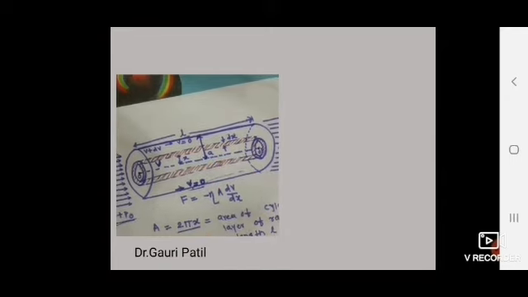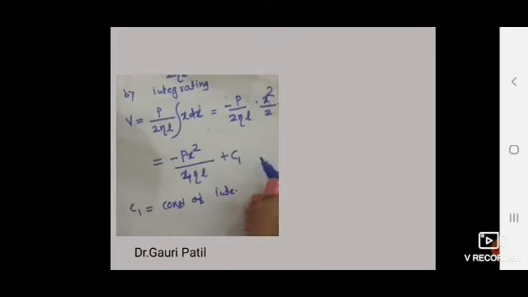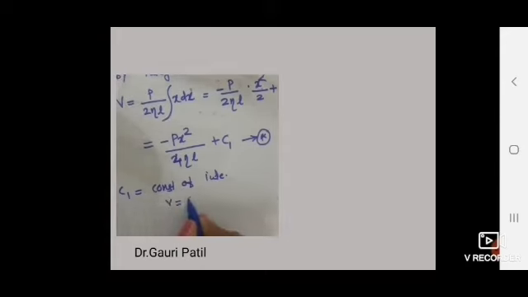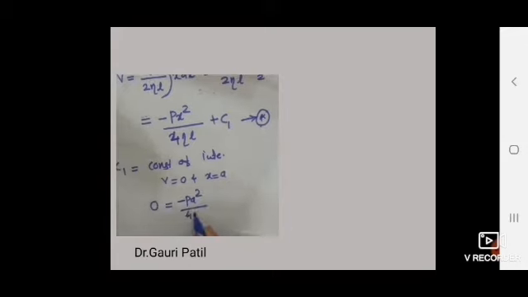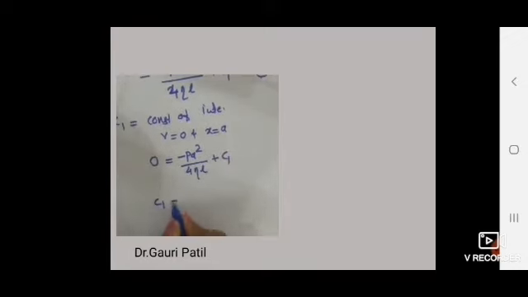Putting v is equal to 0 and x is equal to a in this equation, we get 0 is equal to minus P a square upon 4 eta L plus c1. So c1 is equal to P a square upon 4 eta L.